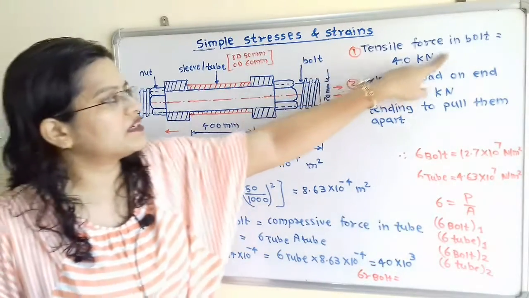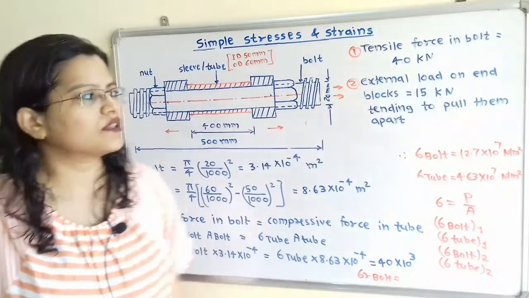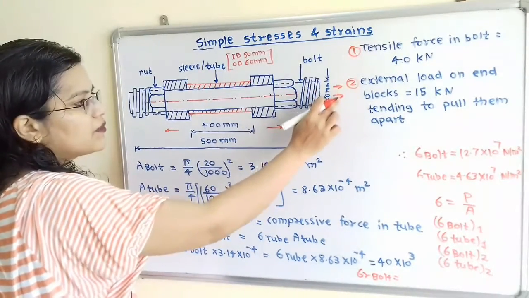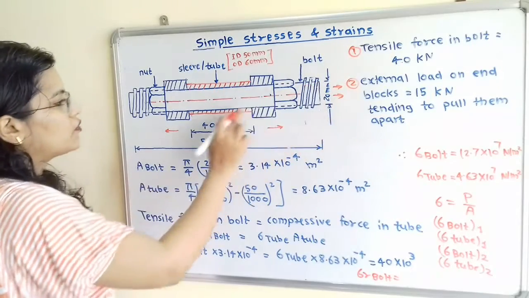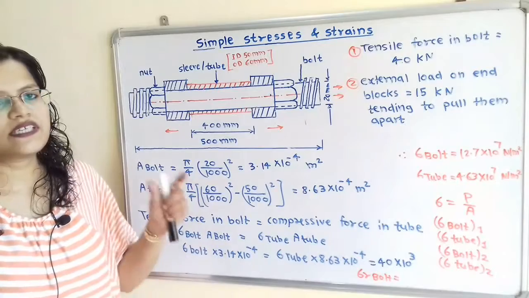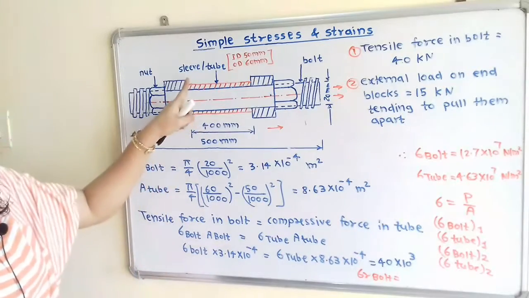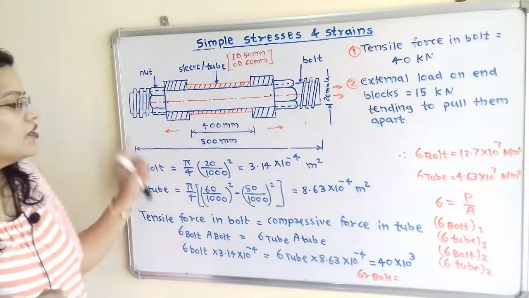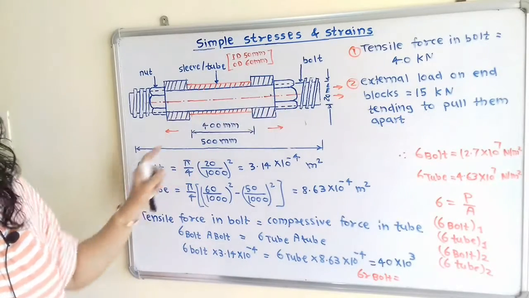So we will concentrate on the tensile force in the bolt. So here is the bolt. So tensile force in the bolt is equal to compressive force in the tube. So this is the condition for this tube and bolt and nut arrangement. So we have to use this condition.